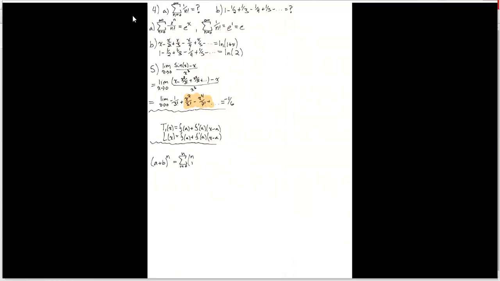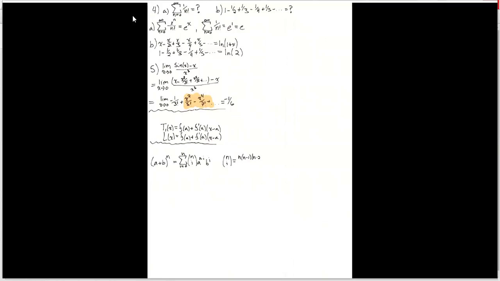And it's a to the n minus i, and then b to the i. So defining what these coefficients are, this is going to be n times n minus 1 times n minus 2.